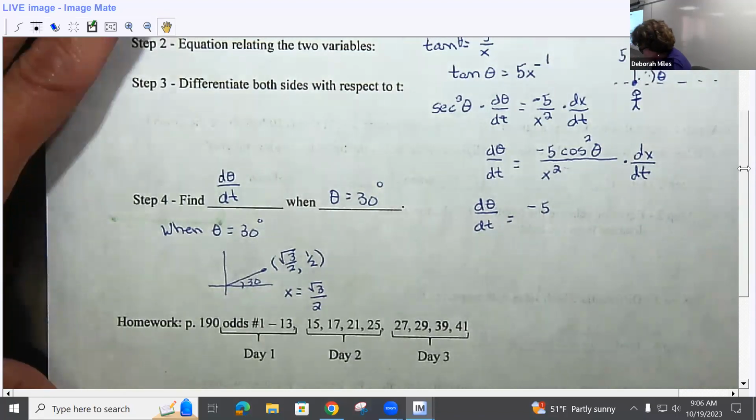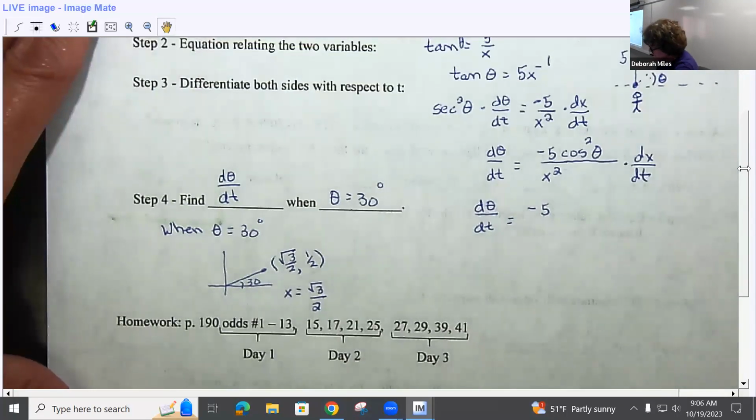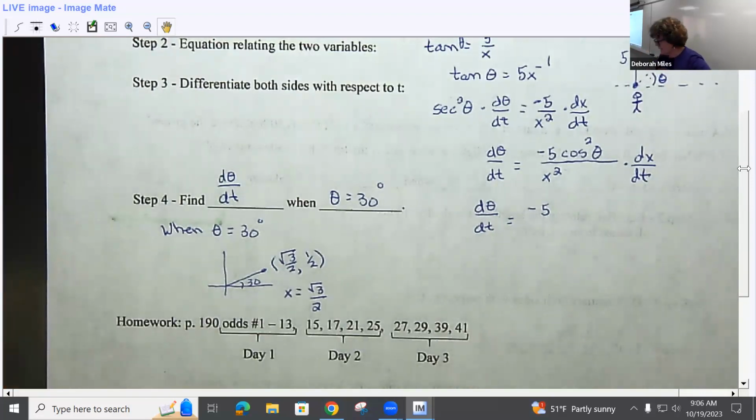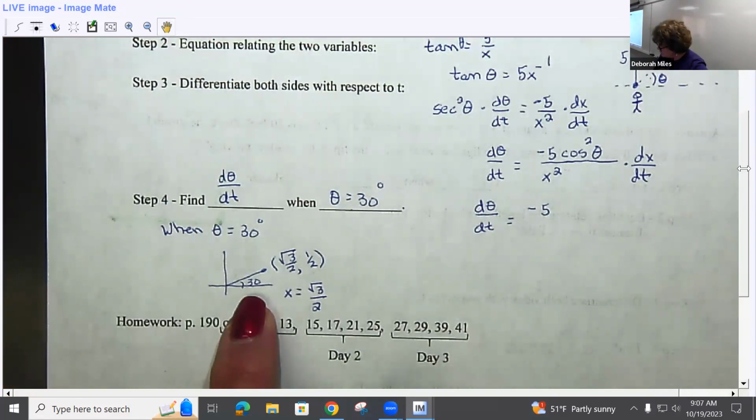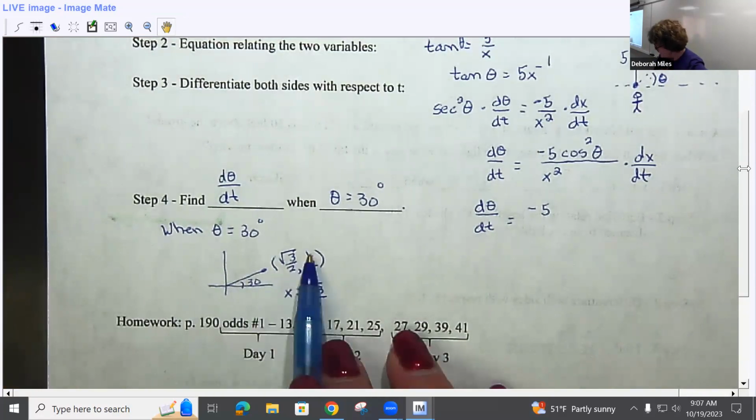Something is bugging me. I love it when I make a mistake at the very end. You can't assume that this is on the unit circle. You don't know that the radius right there is 1.